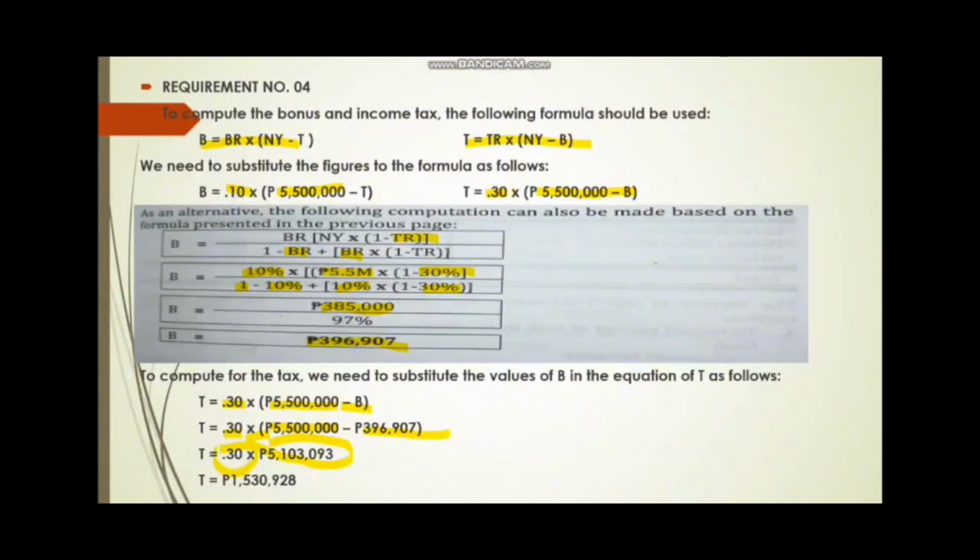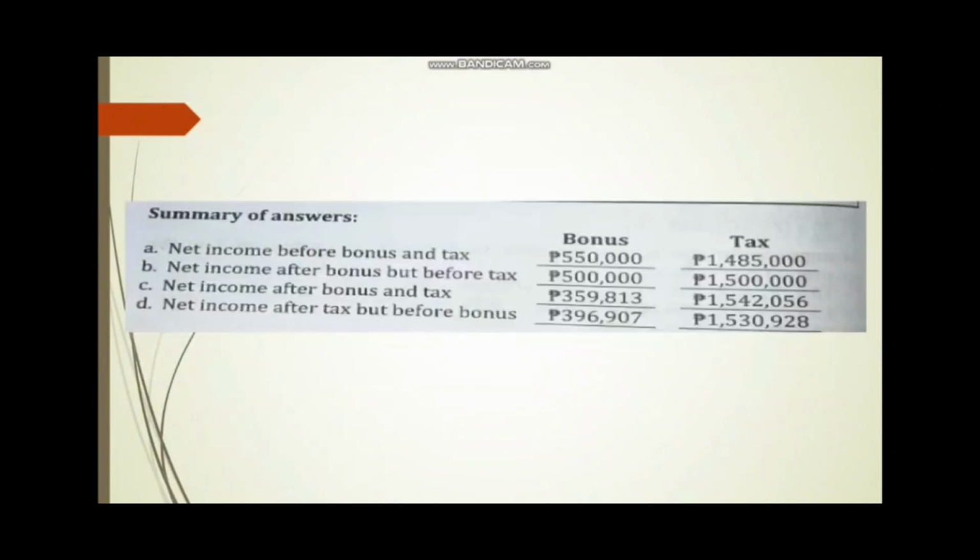Then we come up with the answer 1,530,928. So for the summary of the answers, for the net income before bonus and tax, we have a bonus of 550,000 and tax of 1,485,000.